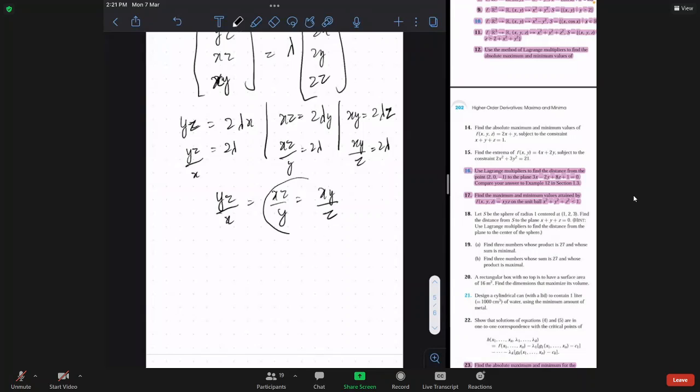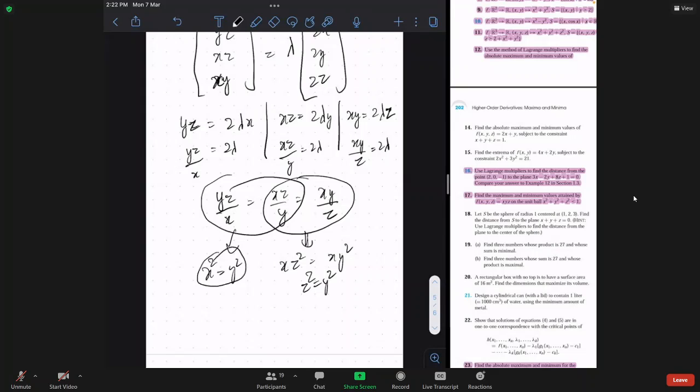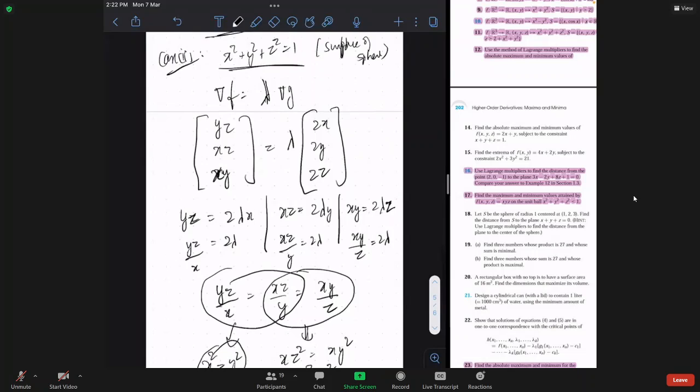If I take the first two, I get x z square equal to x y square, so I get a relation z square equal to y square. If I take the other pair, I'll get x square equal to y square kind of relation. So ultimately x square is equal to y square is equal to z square. So that's one relation that I have.